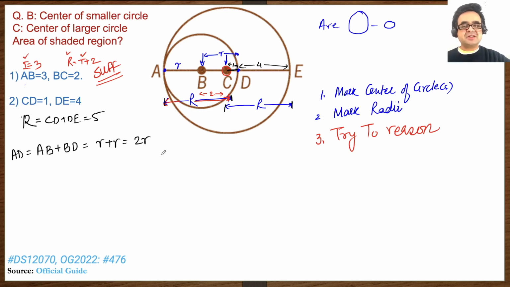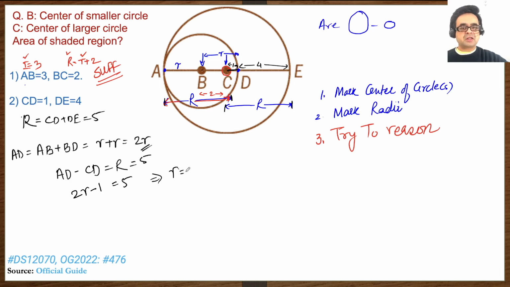Now since AD is the diameter, I know that it will be 2r. Now we also know that AD minus CD is the capital R. So AD minus CD equals capital R, which we have calculated to be 5. So 2r minus CD, which is given to be 1, equals 5. That means small r equals 3.